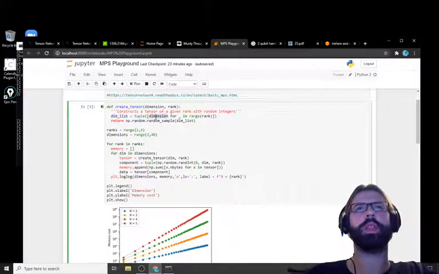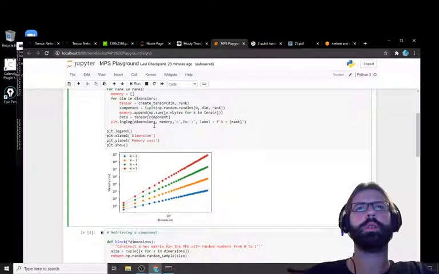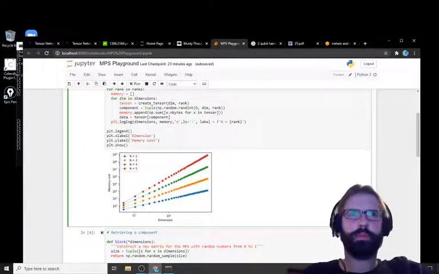It's just the name of the dimensions, right?